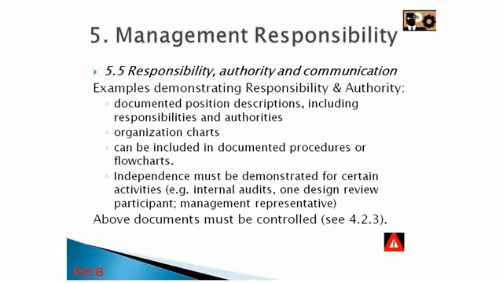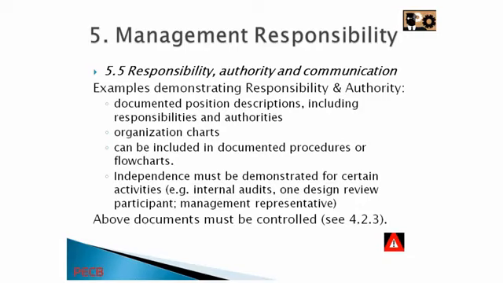5.5 is related to responsibility, authority, and communication. The organization has to define the responsibility and authority, and it should be documented. Position descriptions, including responsibilities and authorities. Organization charts can be included in a documented procedure or flow chart.